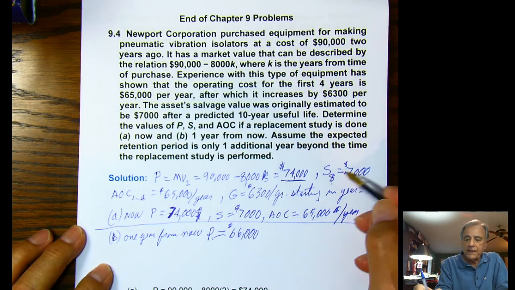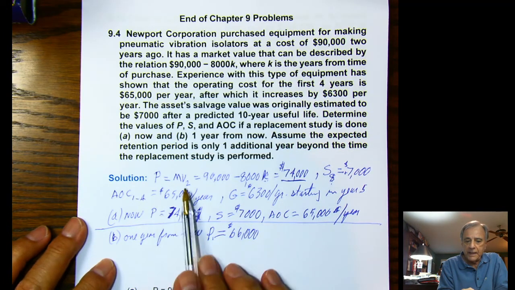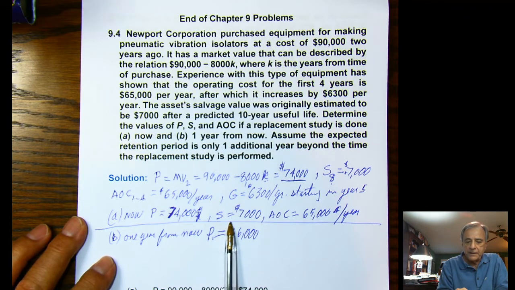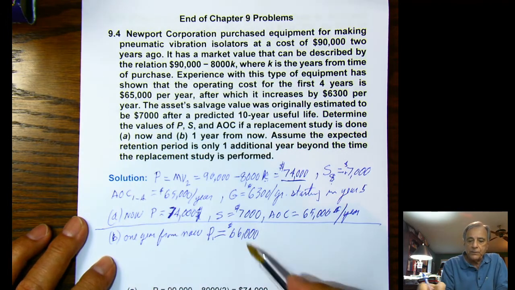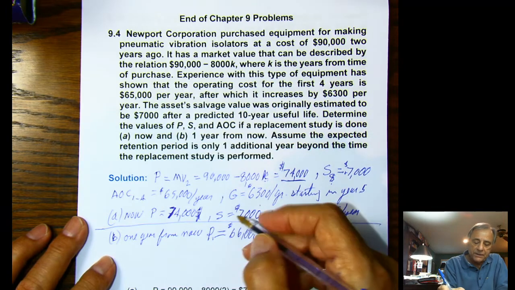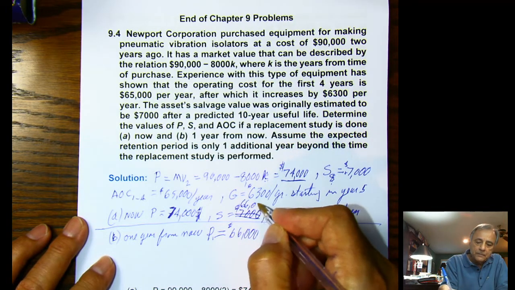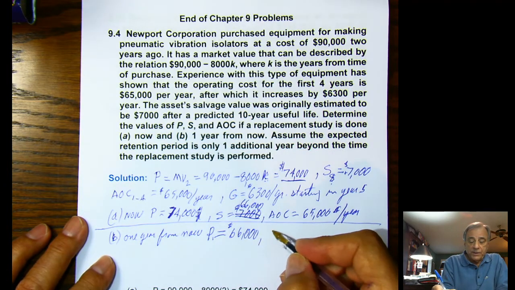The salvage value, if you looked at just keeping it 1 year, would be the market value where K is equal to 3. So this is going to be 66,000. And so the salvage value will be the market value.